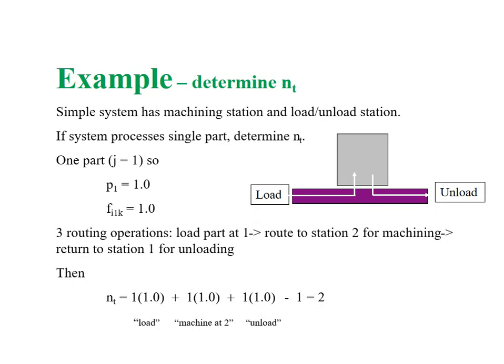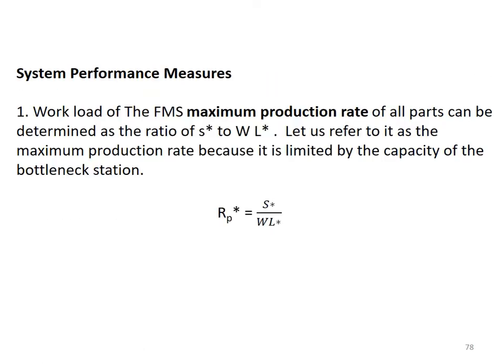And next to it, we need to see more important parameters. The more important system performance parameter we need to measure is the maximum production rate, which is determined by the ratio of the number of workstations to the average workload, and which is labeled as Rp, the maximum production rate, Rp star.